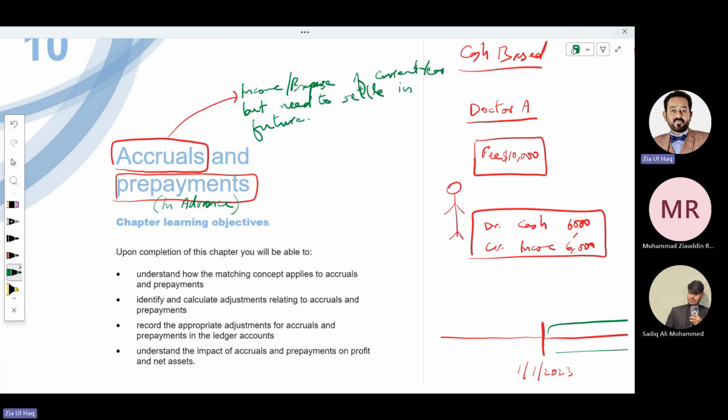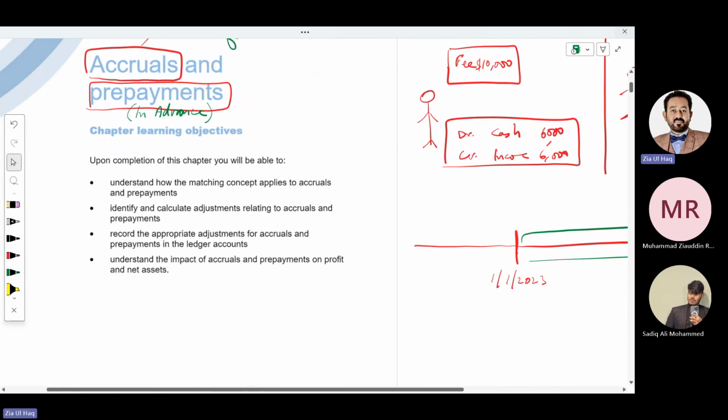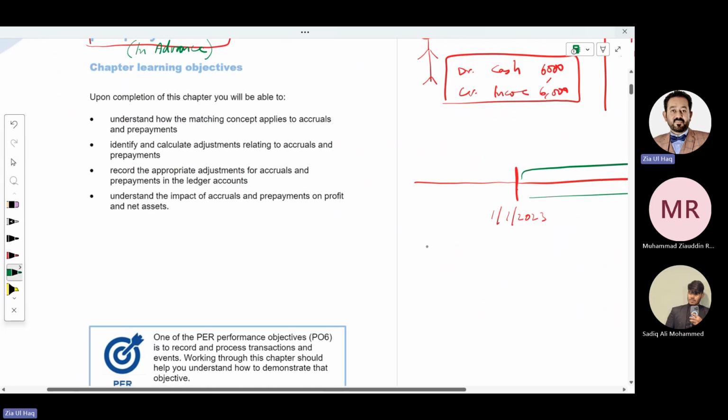If suppose next year's rent we have paid now in December, meaning for 2024 rent we have paid in 2023, that will be called prepayments, in advance. And for prepayments, the accounting entry will be: we have paid now, this means cash is gone, say 1000. But we will call it debit prepaid expenditure.